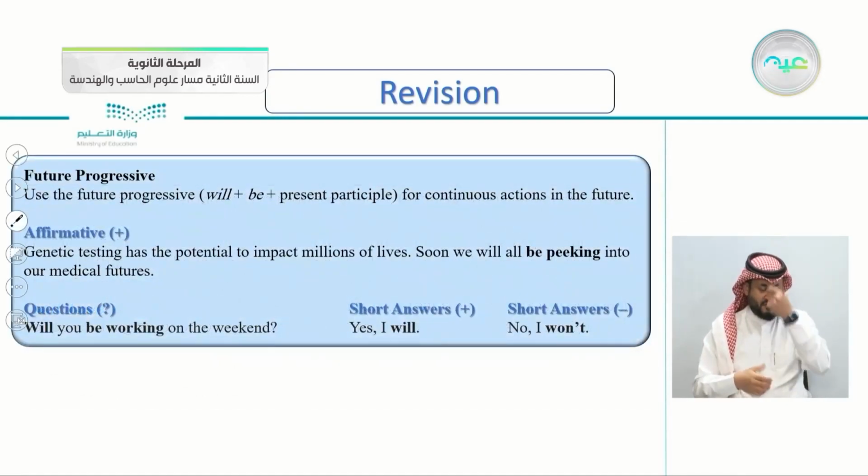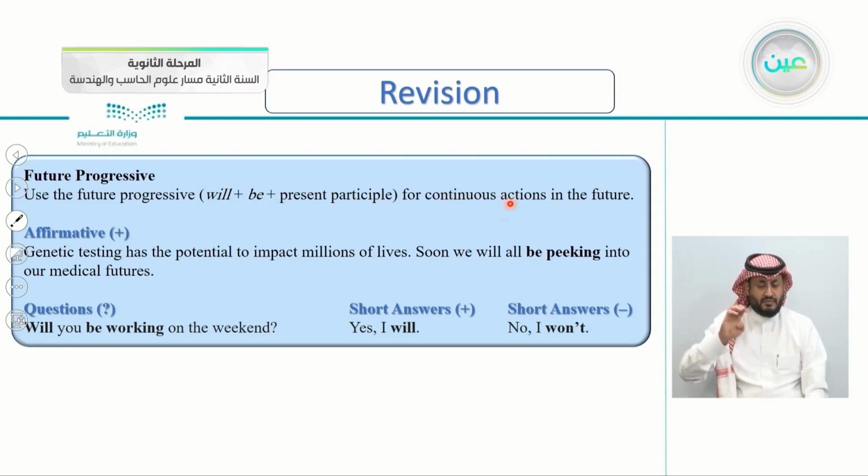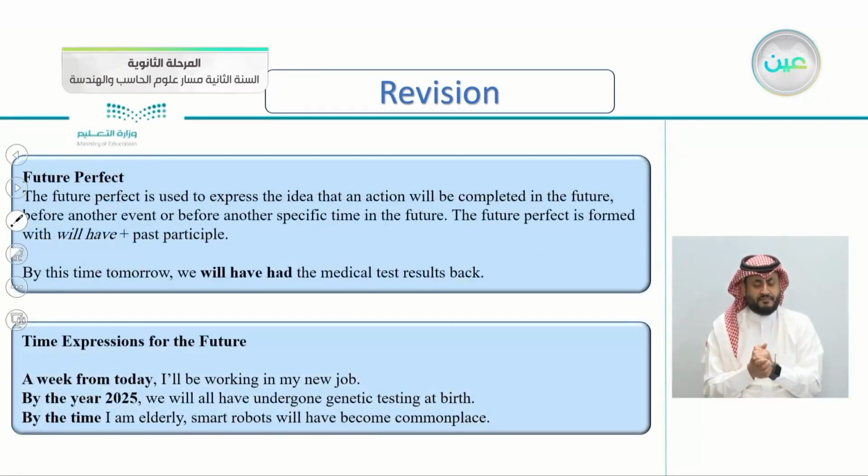This is the lesson from our previous lesson. Of course, the four meaning function, the future progressive, the one we just answered. The form is will, be, and the present participle to talk about continuous action in the future, actions in progress in the future. And the future perfect is used to express the idea that an action will be completed in the future before another event.